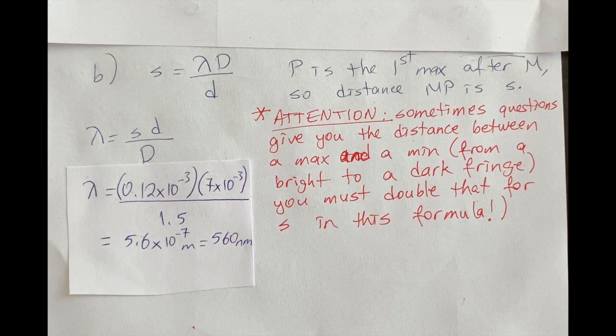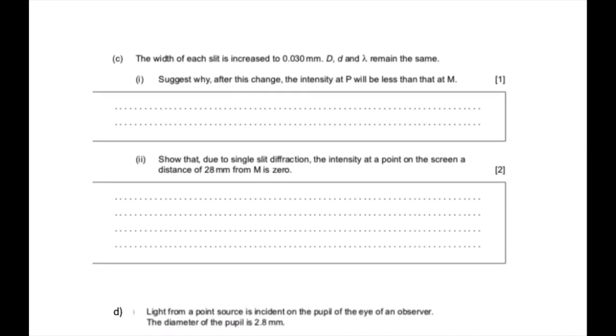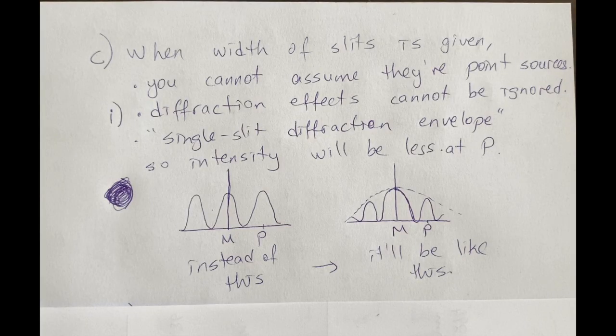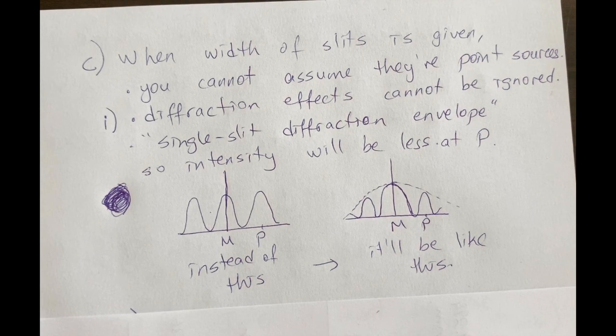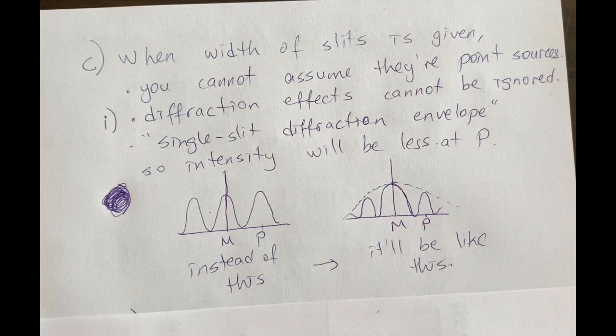Substitution gives 560 nanometers. In part C, we're told that the width of each slit is now increased to 0.03 millimeters. That means now that we know their width, we cannot assume that they are point sources. And that means diffraction effects cannot be ignored. We have to see that the intensity pattern will stay within a diffraction envelope.